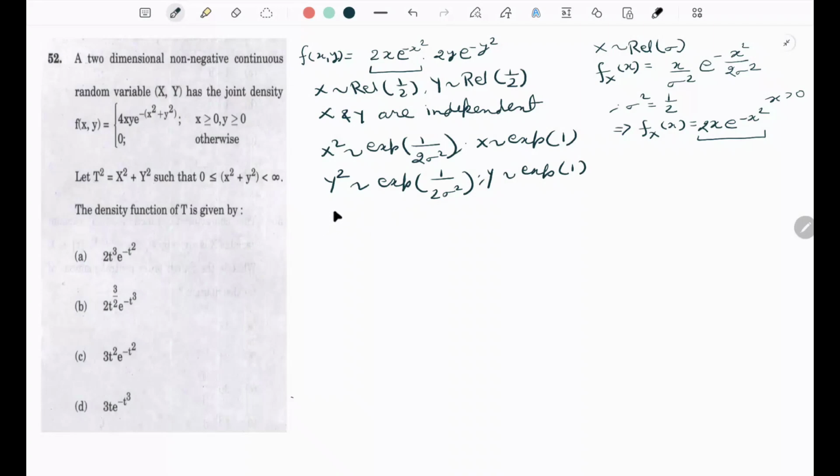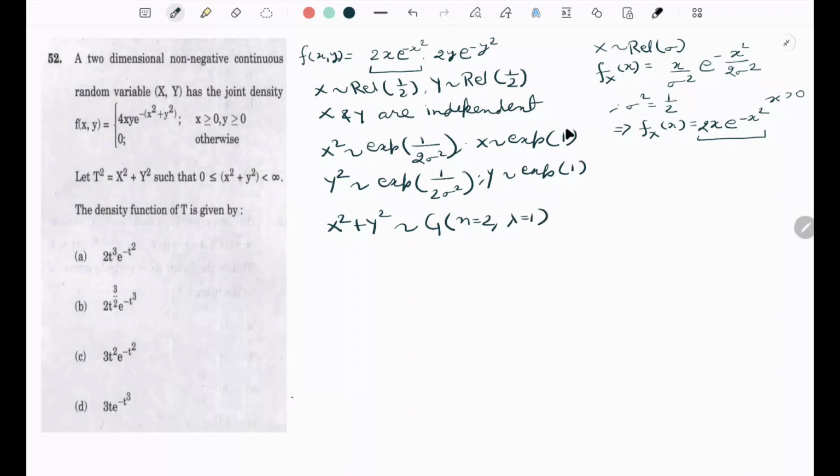Now, X² follows exponential distribution, Y² follows exponential distribution, and they are independent. So the sum will follow gamma distribution. X² plus Y² will follow gamma distribution. Now we are summing up two random variables, so the shape parameter n will be 2 and the rate parameter lambda is 1.